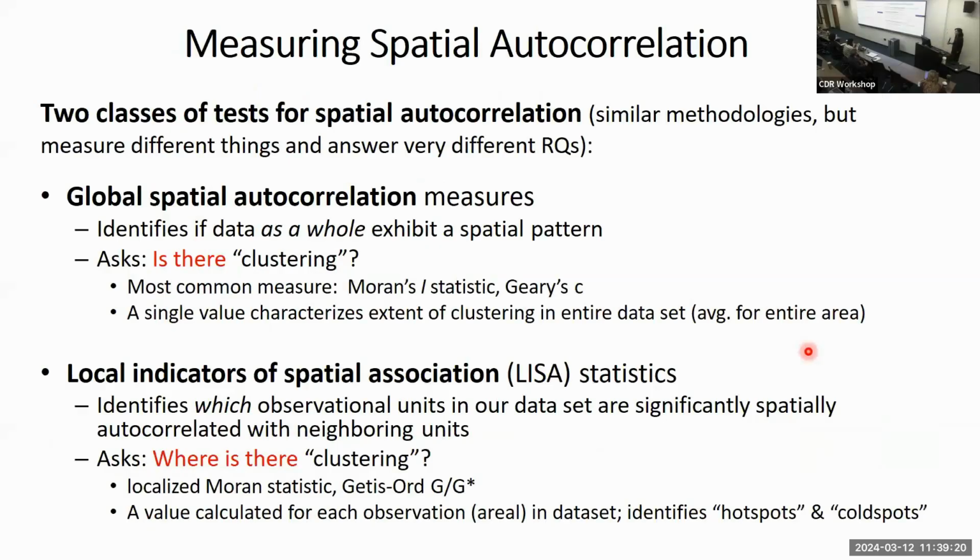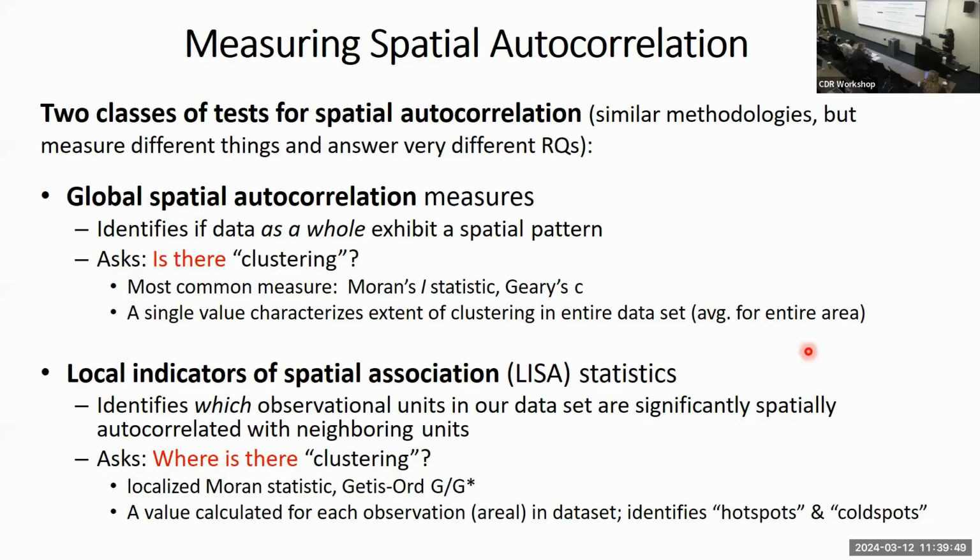There are two different tests of spatial autocorrelation. They're very similar in their methodologies, but they measure different things, and because of that, they answer very different questions. We have global tests, which ask: is there clustering at all in our study area? And then we have local indicators of spatial association, or LISA, statistics, which ask where this clustering is that's driving the global pattern.